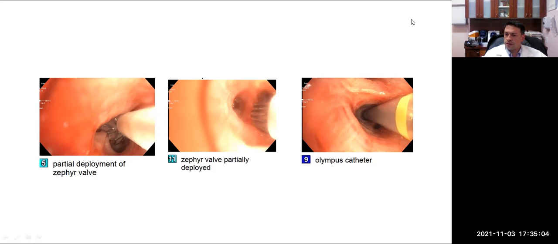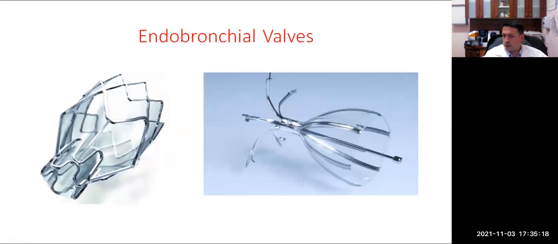When you put in a Spiration valve, it's a little bit easier, because you just line up the catheter with the ostium of the lobe and deploy right there. The Spiration valve stays in place because it's got little hooks that dig into the mucosa. Whereas the Zephyr valve stays in place because of the distal carina, and also some radial force at the body of the valve.